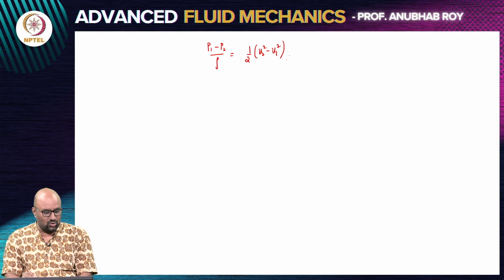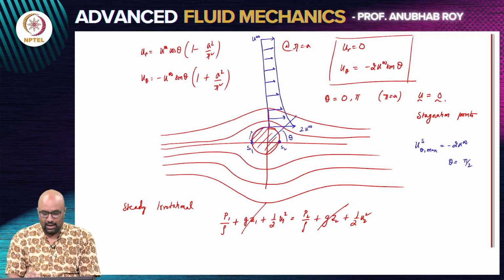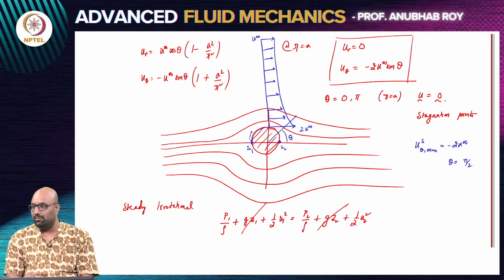And these points 1 and 2 can be anywhere in the flow. There is no restriction on where you choose these points. You can choose these points to your liking, whatever you want. Nobody gets to tell you that you have to choose these points only on specific lines or specific streamlines, etc. In potential flow, you get to choose wherever you want.